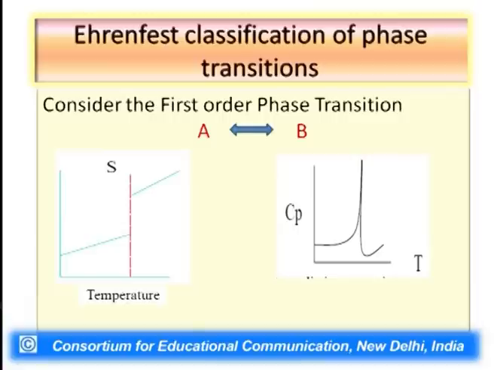And if we compare the heat capacity of a substance in solid phase, we will see that the heat capacity for the solid phase will be much greater compared to the heat capacity for the liquid phase.